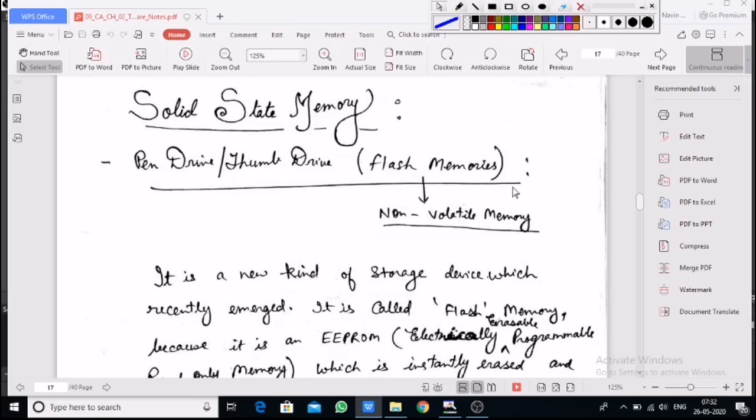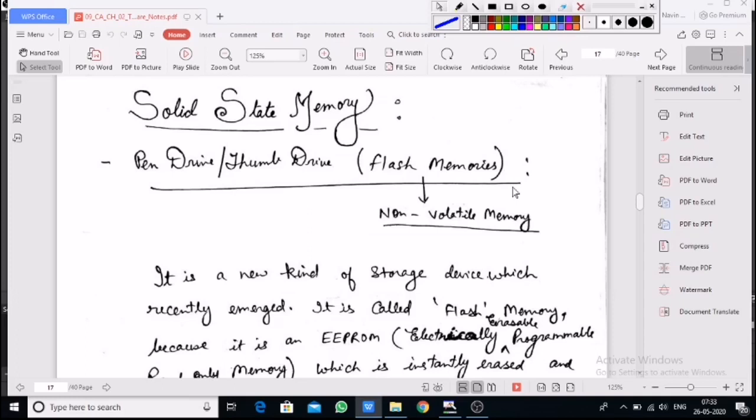That means there are no moving components in it. In a hard disk drive there are moving components: the spindle rotates, the arm moves forward and backward, right? So all these are moving components.